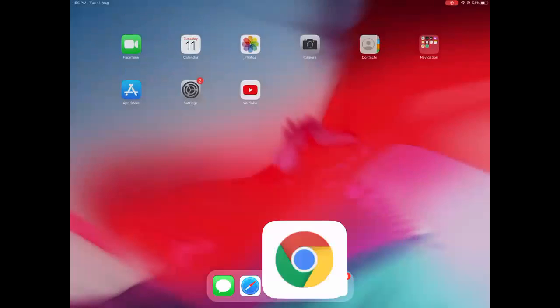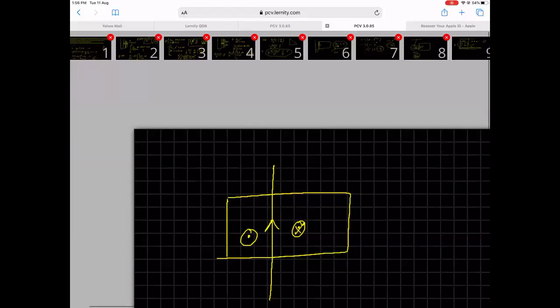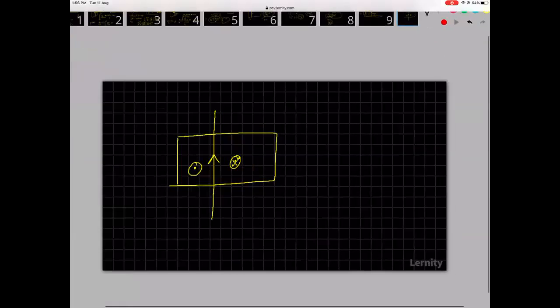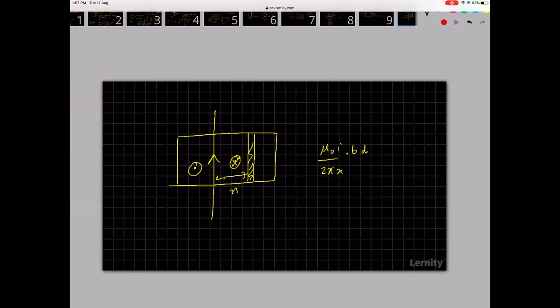The flux here is equal to mu naught I by 2 pi, let's call this as X, X into this width L dx.